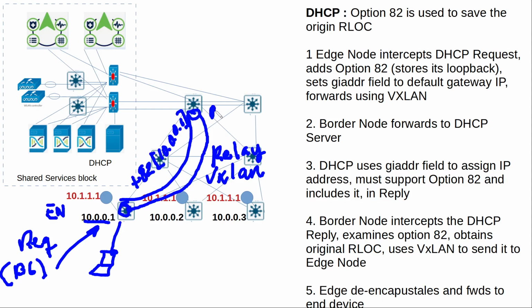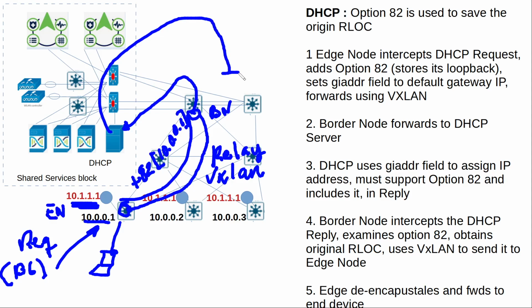Then the border node will receive this relayed request, and it will send this request to the DHCP server. The DHCP server is going to assign an IP address because it noticed this IP address that it is relaying this message, and it is going to send a reply.